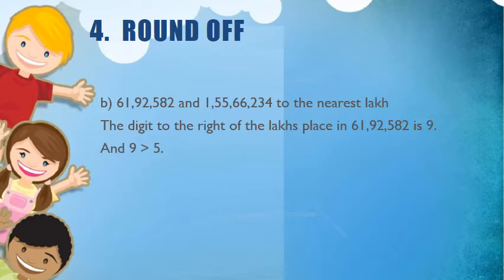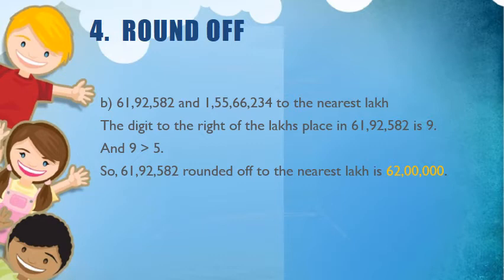We are going to add 1 to the digit at the lakh place, which is the rounding off place. And therefore, 1 plus 1 is equal to 2. And we will replace all the digits to the right of the lakh place by 0. Therefore, 61,92,582 rounded off to the nearest lakh is 62 lakh.